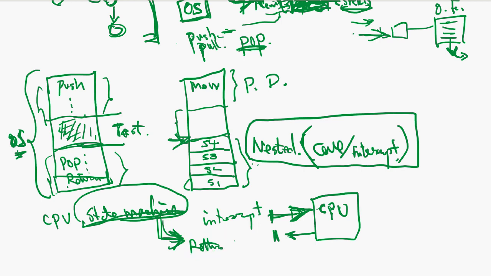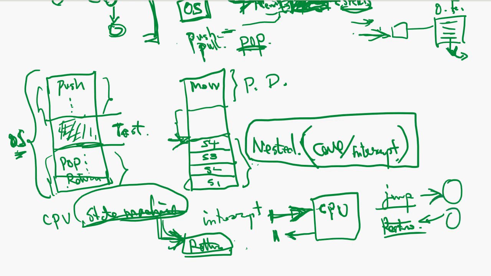So the initial interrupt or call jump causes creation of a stack, and the return restores the original state. So for this state machine, you need to have two opposite operations performing.